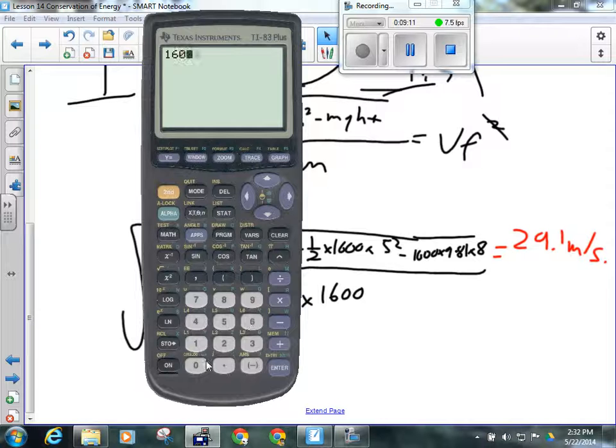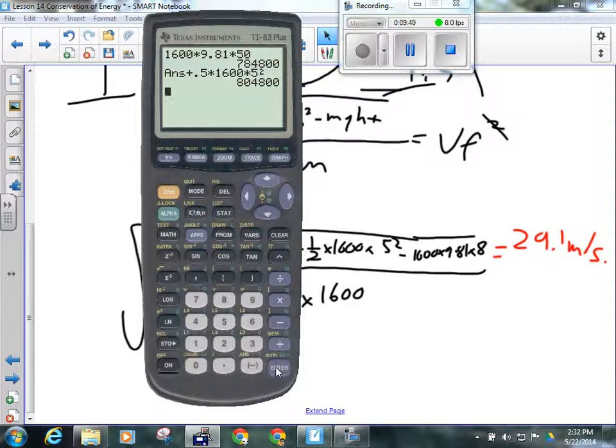So 1600 times 9.81 times 50. There's my initial potential energy, 784,800 joules. Add that to the initial kinetic energy, 0.5 times 1600 times 5 squared. There is my total mechanical energy. I've added potential and kinetic together. That's the mechanical energy anywhere on this one.